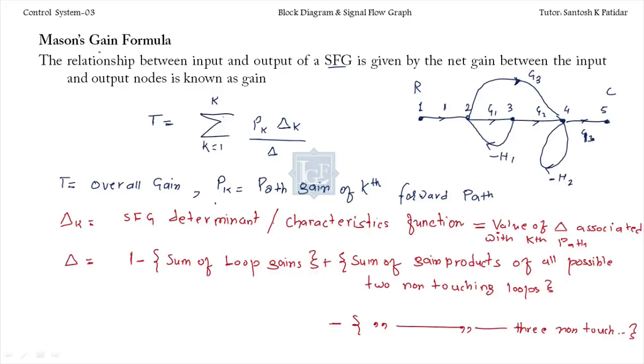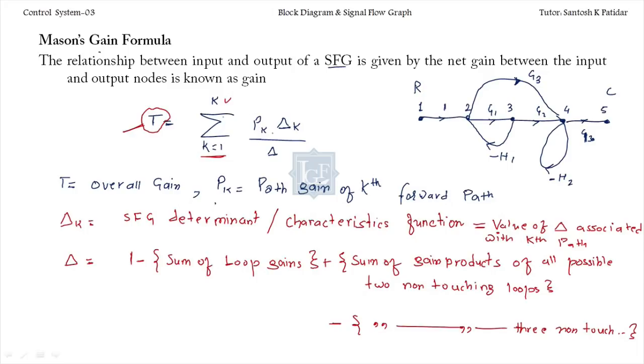This is the formula, where T is the summation of k from 1 to k, Pk del k divided by del. This T is the overall transfer function, or overall gain. Everything we are doing is to calculate the overall transfer function only.